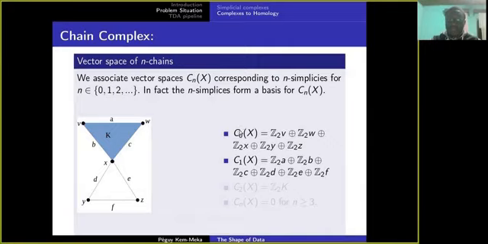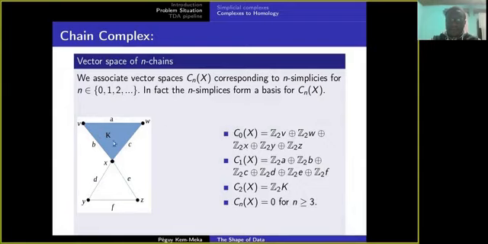For example, when I want to compute the C0 of X, I'm computing the vector space with basis the 0-simplices. The 0-simplices are V, W, X, Y, Z. I can also compute C2 of X, which is a vector space with the basis the 2-simplices.